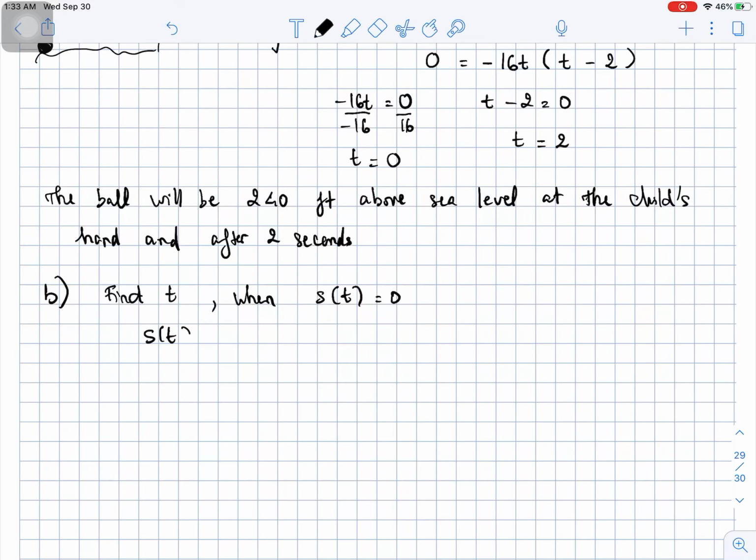We will use the model again. The model is s of t equals negative 16t squared plus 32t plus 240. And then we will input the 0 for the height.